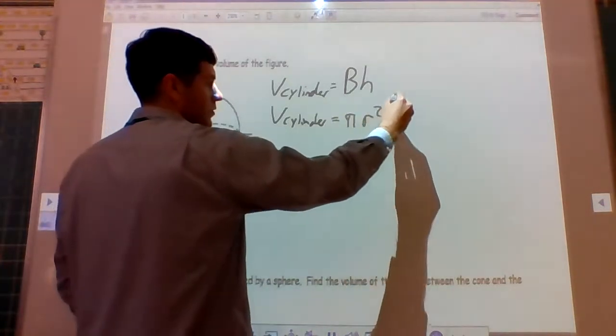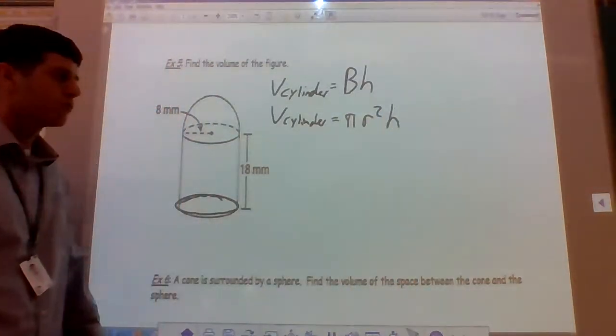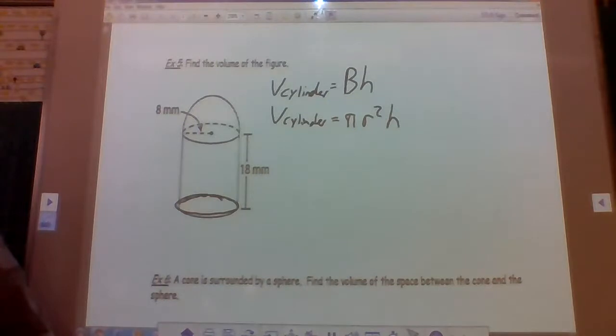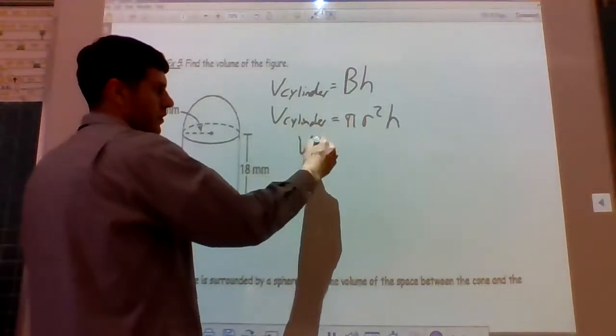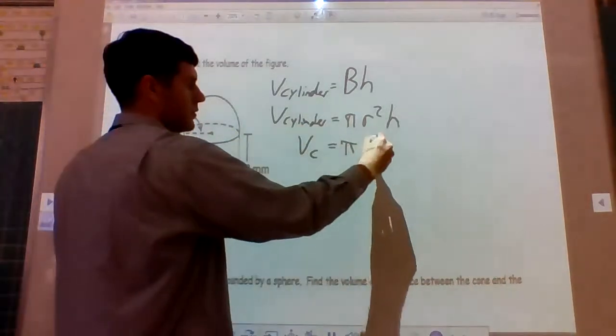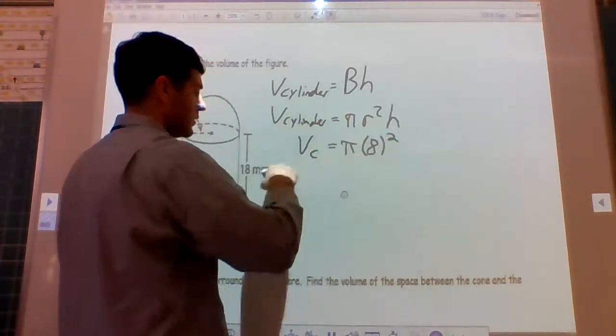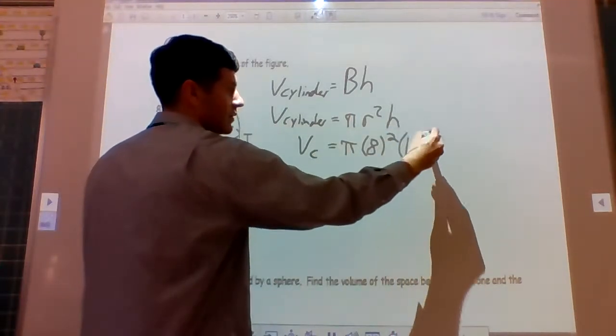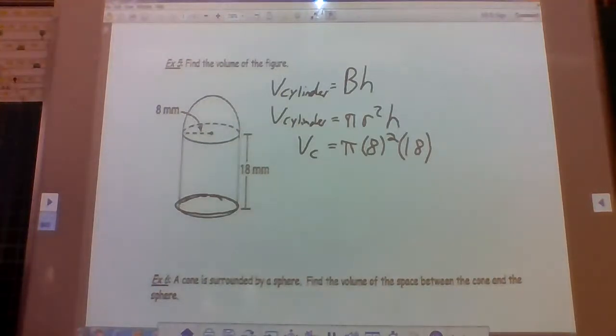So it's going to be pi r squared h. So again, the volume of the cylinder, the radius is 8. So pi 8 squared times the height, which is 18. So pi times 8 times 8 times 18.